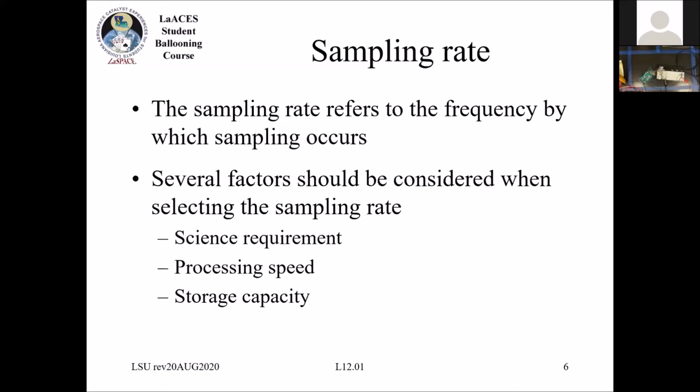And the way you're going to determine this is, one, you're going to look at whatever your science requirements are. You're also going to be constrained by your processor speed, right? There's some upper limit to how fast you can actually read in values.